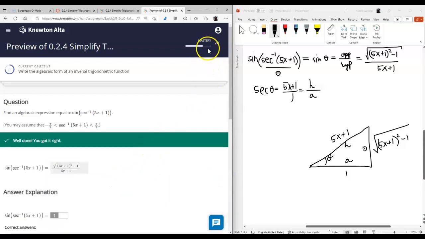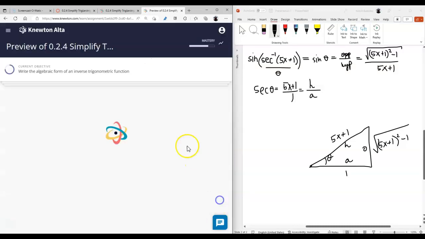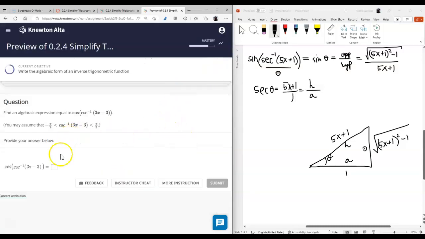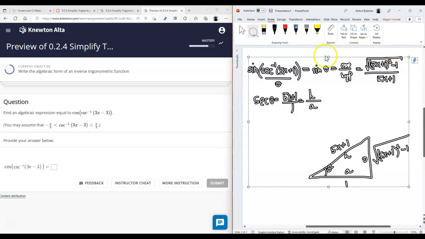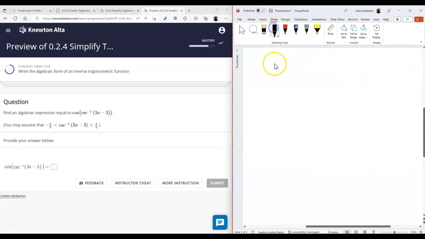And of course it's right. Come on, mastery bar. One more problem. Hopefully this is the last one. Let's do this one.